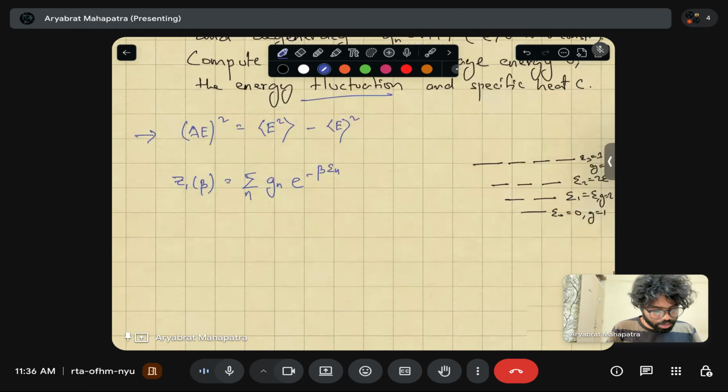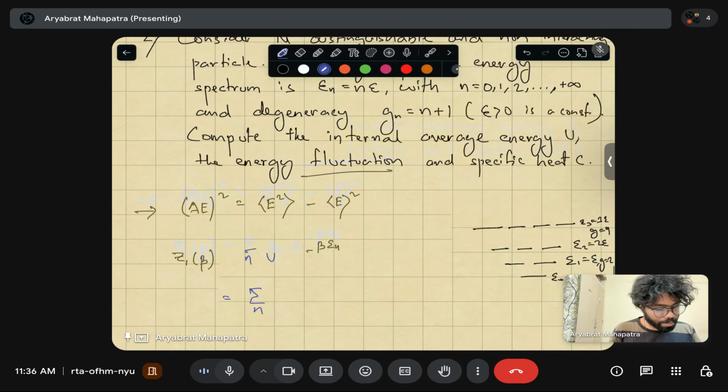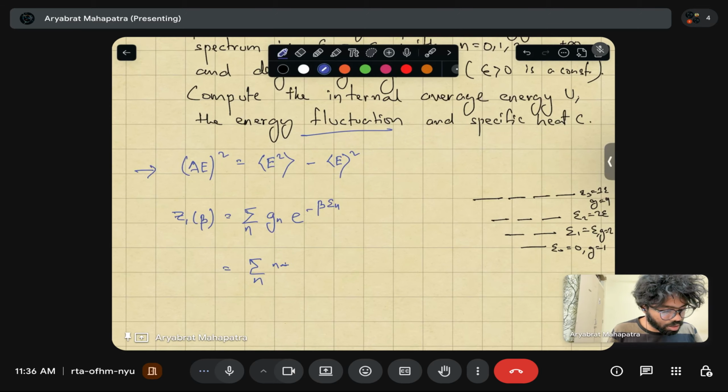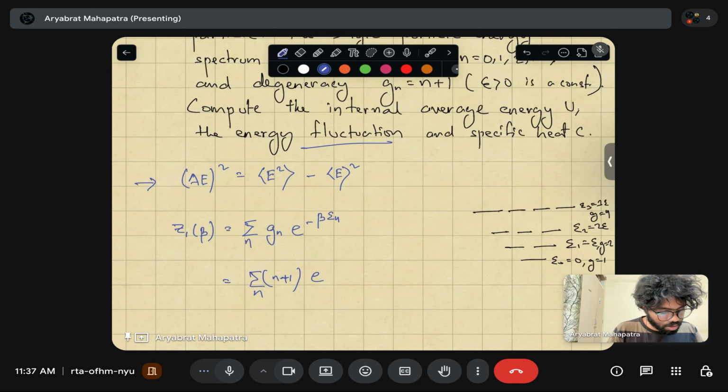Now this is basically your n, Zn is your n plus 1, then exponential minus beta n epsilon.